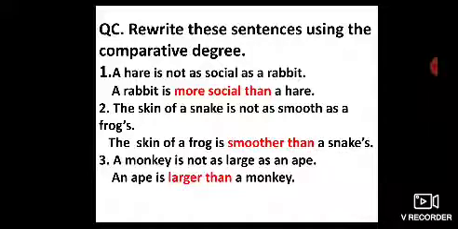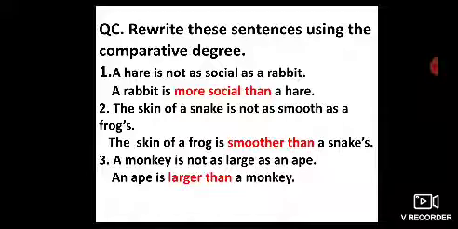Then second is, the skin of a snake is not as smooth as a frog's. Is not as smooth as a frog's means whose skin is smoother? Frogs. So we'll write in this way, in the comparative degree, that the skin of a frog is smoother than a snake's.